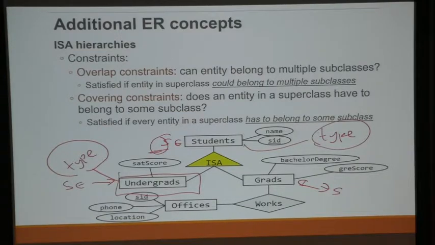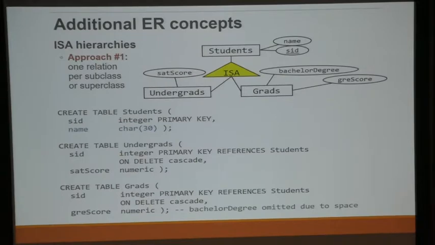The simpler approach, without any kind of trickery, is this one. This table, this schema, is basically saying that for you to be an undergrad, your SID must exist over here. Okay? So that's why you reference it. The references guarantee that the SID must appear in the students table.